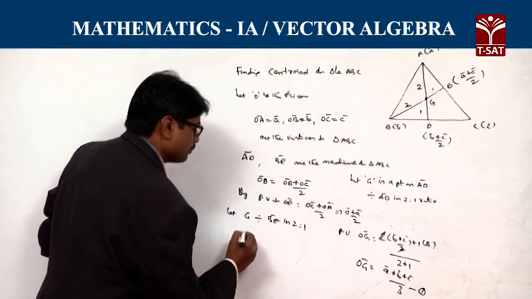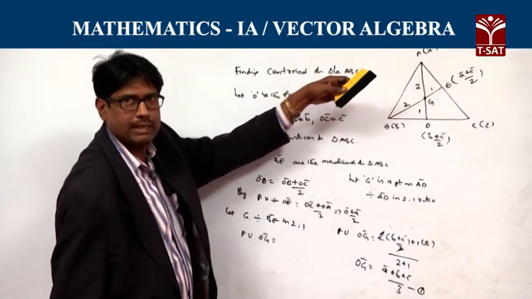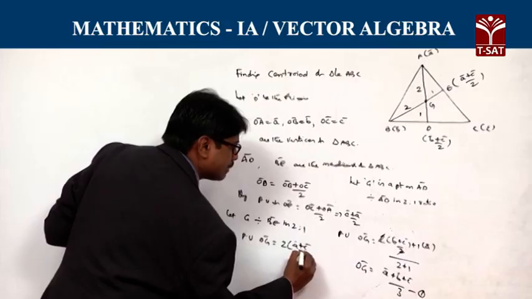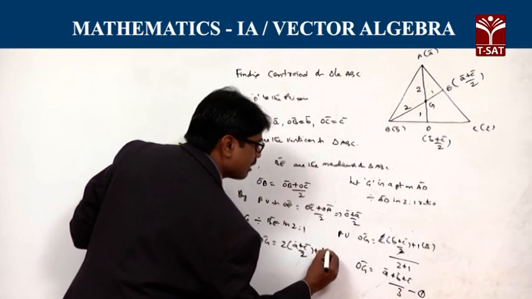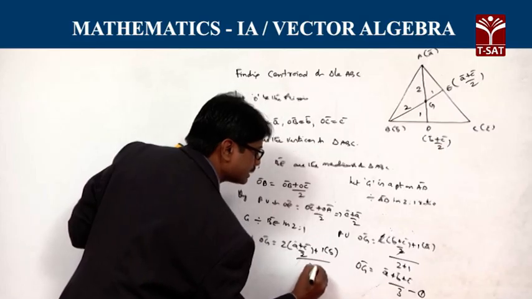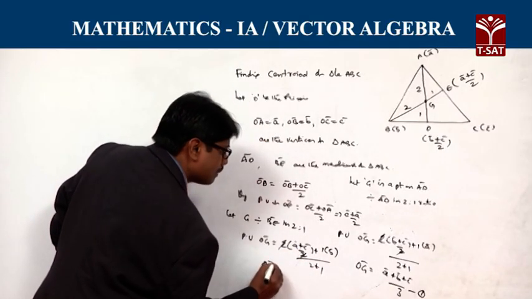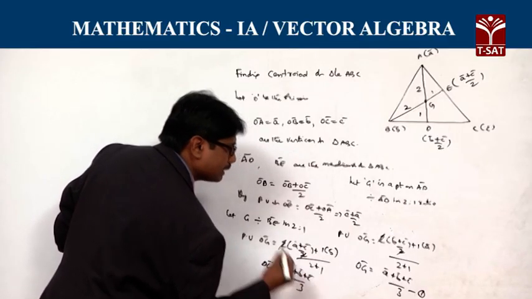Therefore, the position vector of OG bar with respect to BE bar will be 2 times A bar plus C bar by 2, and 1 times B bar, divided by 2 plus 1. As the 2 ones cancel, OG bar will be equal to A bar plus B bar plus C bar divided by 3.